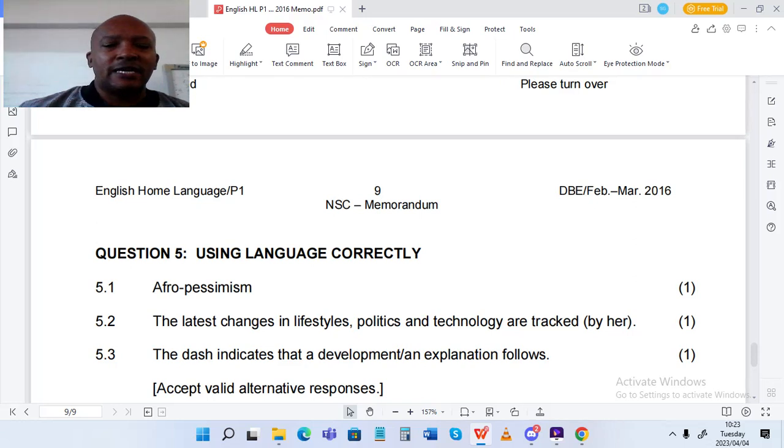The dash indicates that a development or an explanation follows. If you read that sentence, you will see they give you more information. An explanation follows. The development they are referring to is more information follows. In this instance, for a dash, more information follows, a development follows, or an explanation follows.